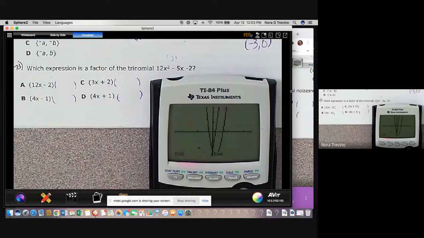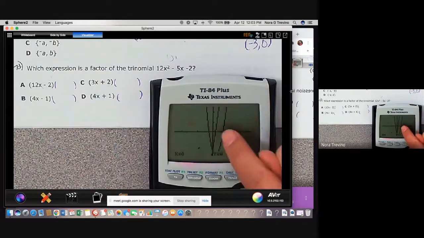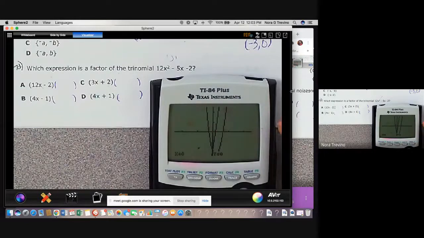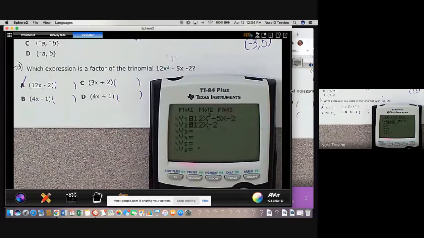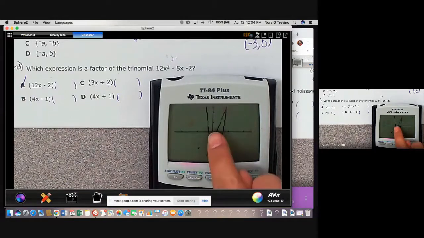Did this line go through either of my x-intercepts? No, it didn't, right? So then it's not A. I needed to go through one of my x-intercepts. That's the only way it's going to be my answer because these parentheses are the x-intercepts. Now let me try B. B says 4x minus 1. 4x minus 1. Nope, it didn't go through here, and it didn't go through here.